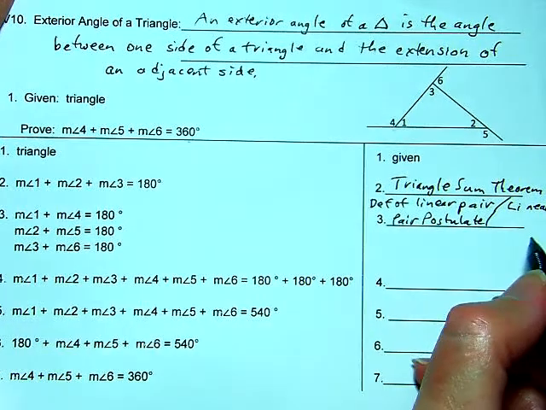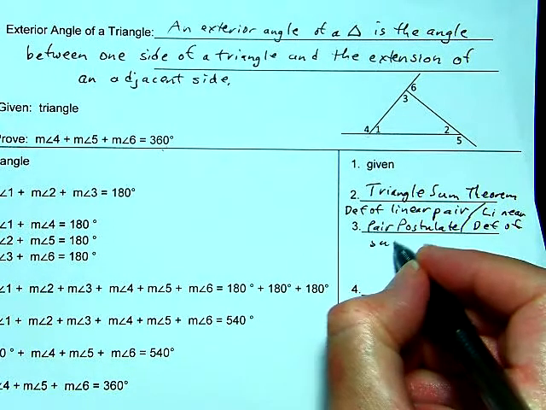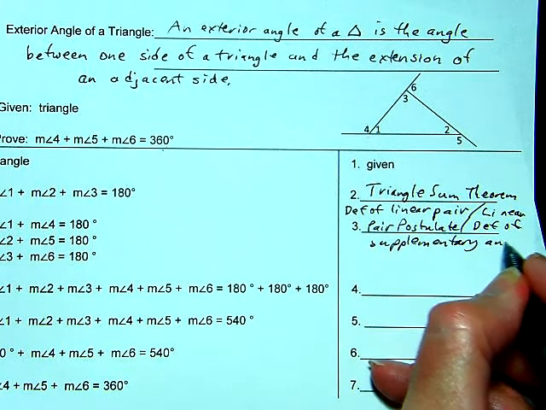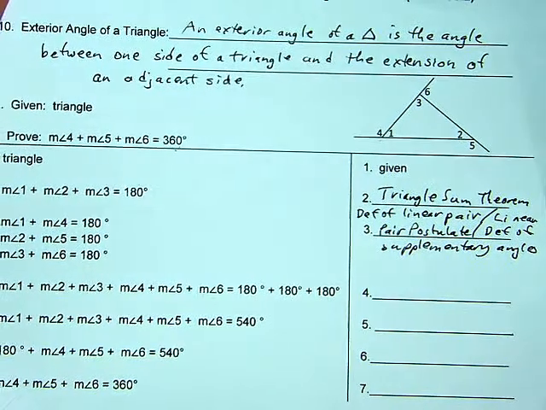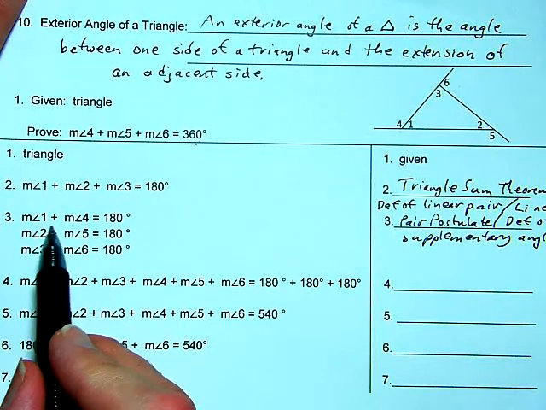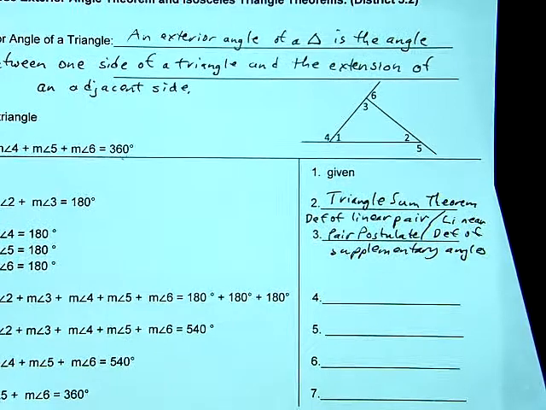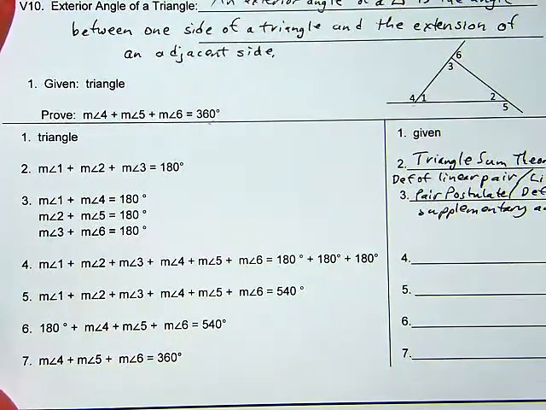And then finally we ended with the definition of supplementary angles. In using those three back to back, we were able to say these are linear pairs, they're supplementary, and therefore their sums all equal to 180. That really should have been 3 lines instead of 1. But as long as you understand how it was done, that's all that really matters.